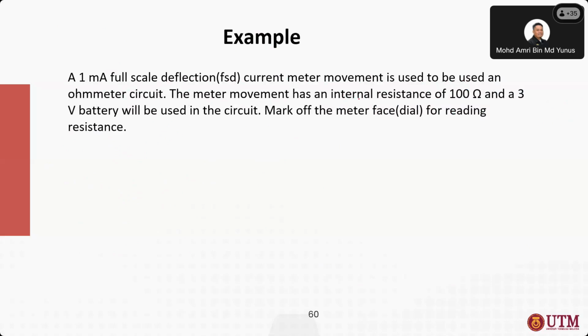The meter movement has an internal resistance of 100 ohm and 3 volt will be used in the circuit. Mark the meter face dial for reading resistance. Assuming that this is a series connection ohmmeter, we can use a table.